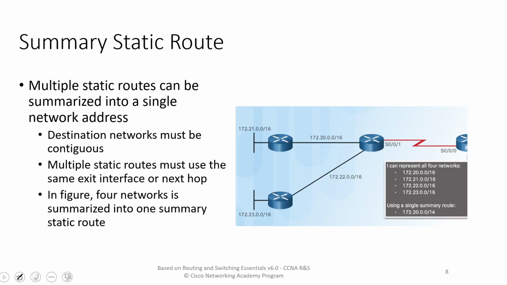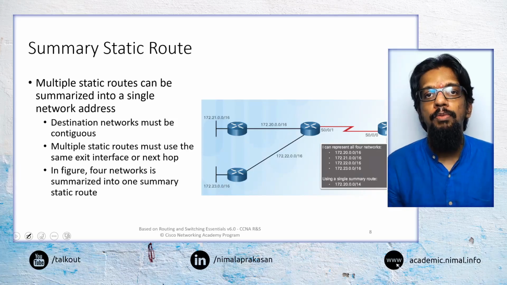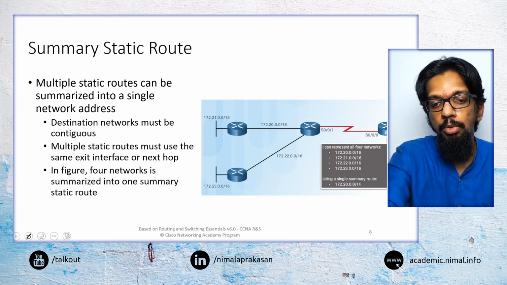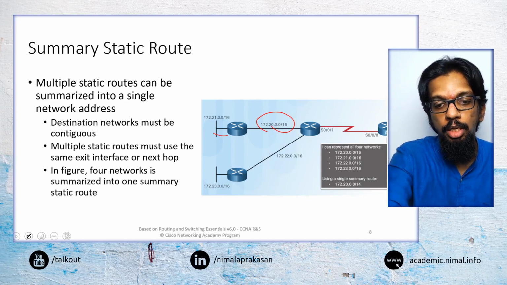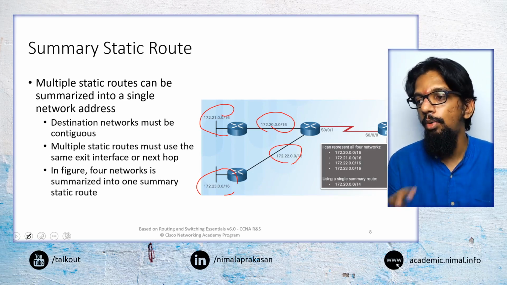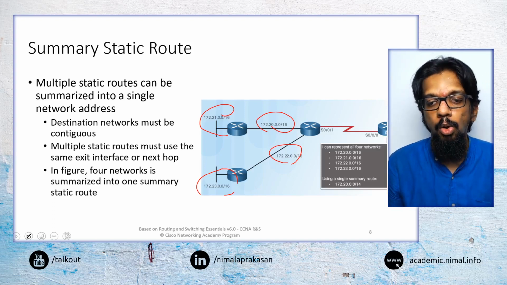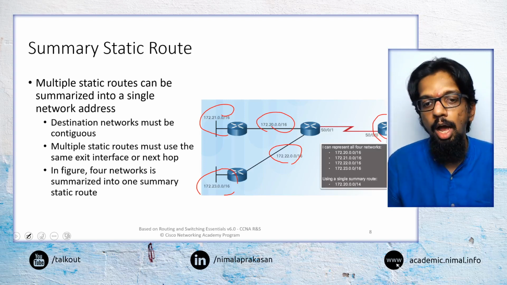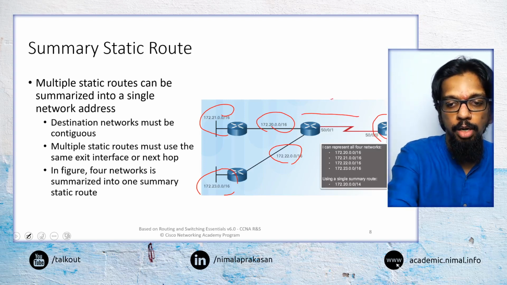Then another way where a static route can be used is what is called a summary static route. Here we have a number of networks, 172.21, 22 and 23. So we have 4 different networks, and from the perspective of router 1, all of these are connected through the same router.